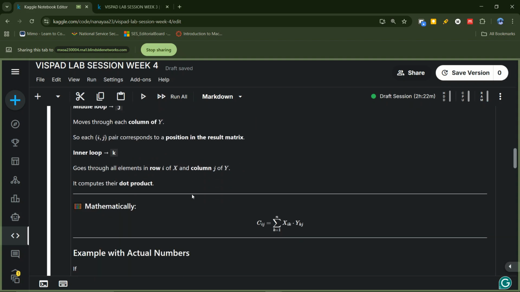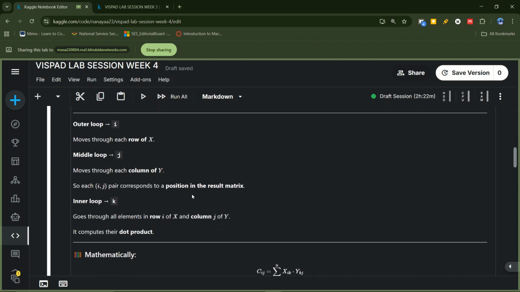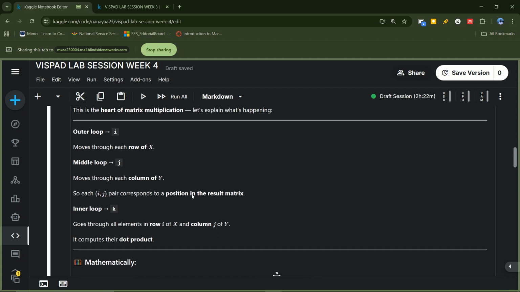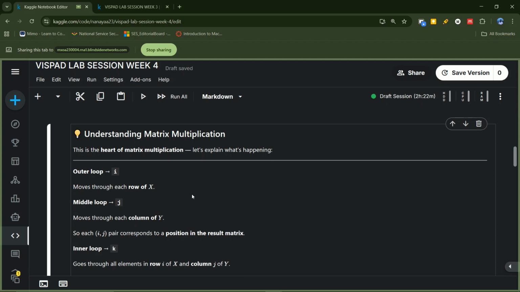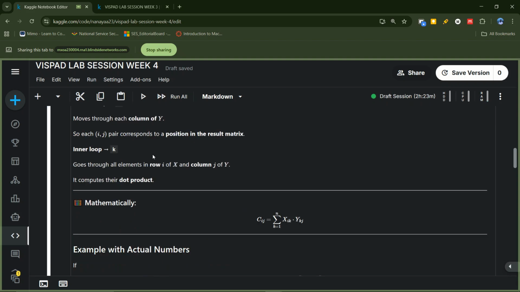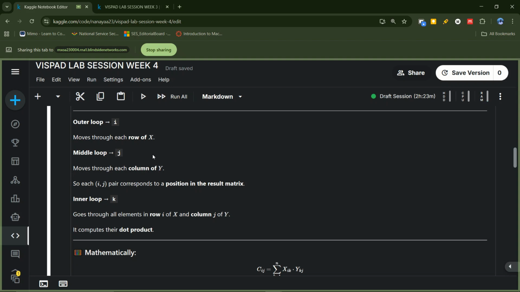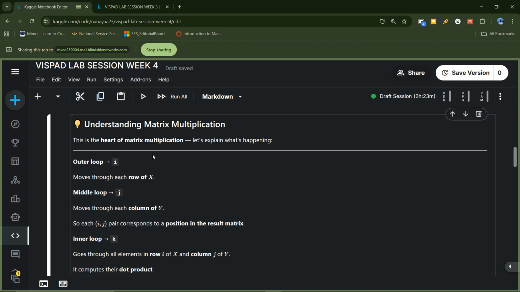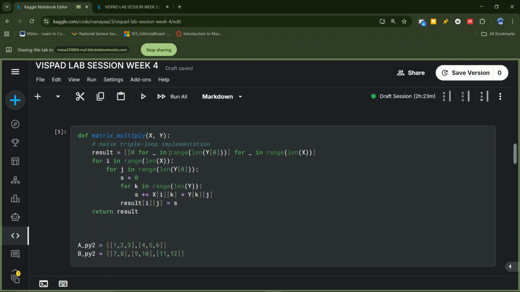So we have a short note over here that says understanding matrix multiplication. This is the heart of matrix multiplication. Let's try to understand what exactly is happening. The outer loop i moves through each row of X. That is what this code over here is trying to do.